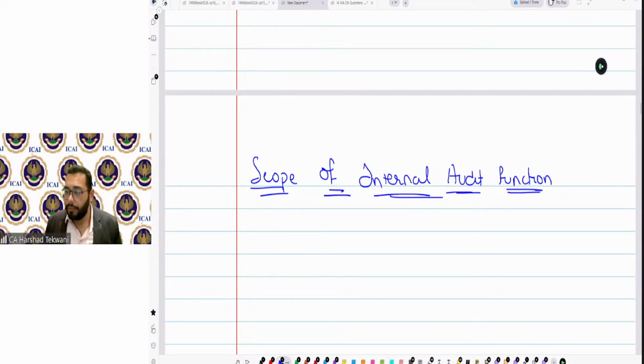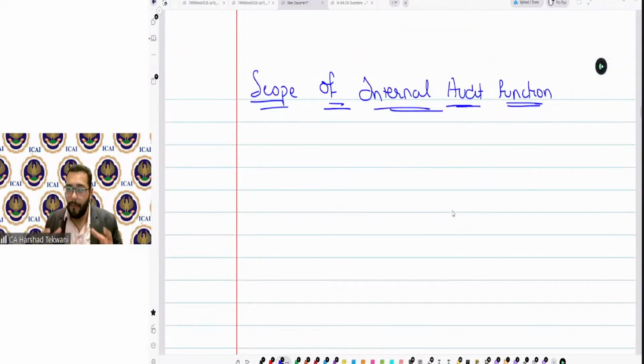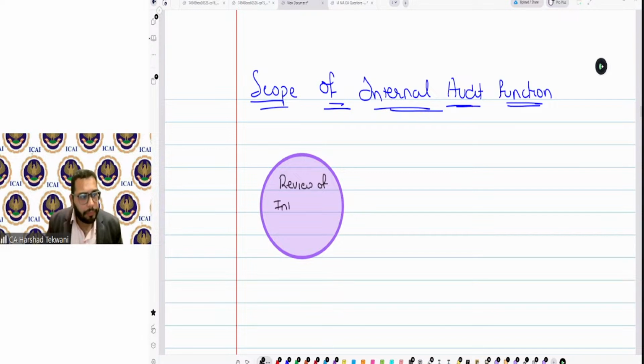Basically, when I talk about the scope of internal audit function, as I told you, it's not one single scope. It's not restricted to one particular area. The internal audit function caters to multiple areas. For example, review of internal control systems.